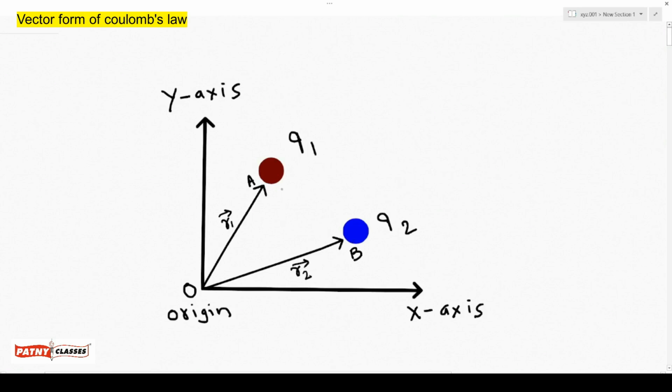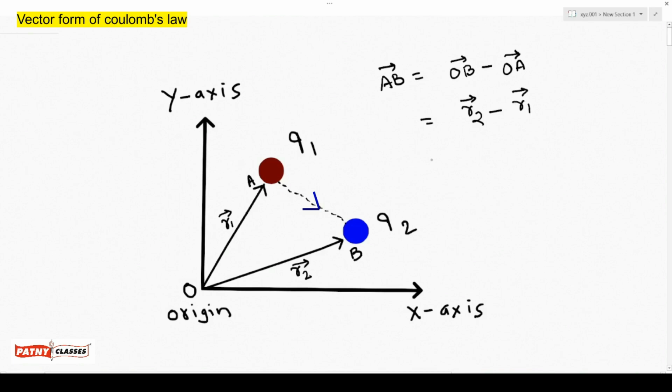Now join A and B. So we get vector AB. Vector AB can be obtained by the formula vector OB minus vector OA. Vector OB is nothing but vector R2 and vector OA is nothing but vector R1.